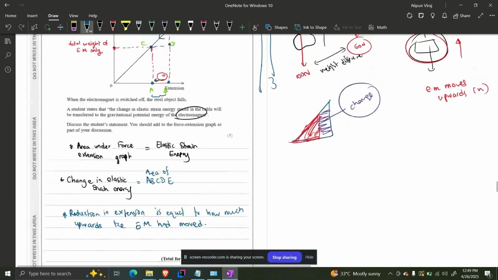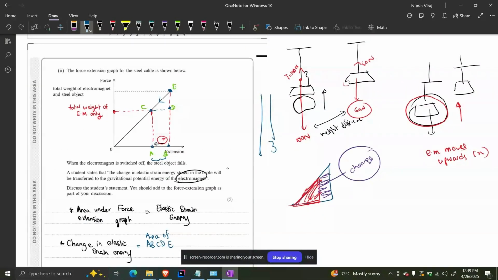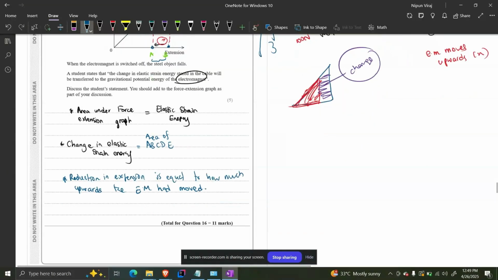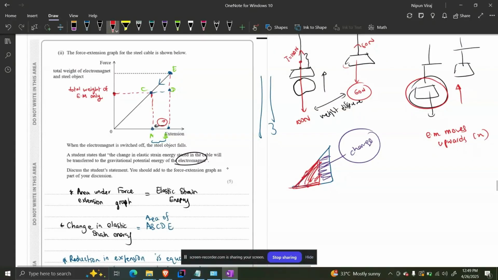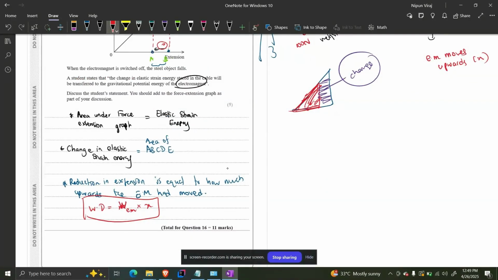That's the whole point. So if you want to get the work done, we can multiply. Work done is equal to the weight of the electromagnet multiplied by the reduction of extension. We should get the weight of the electromagnet and multiply it by how much it had moved up.